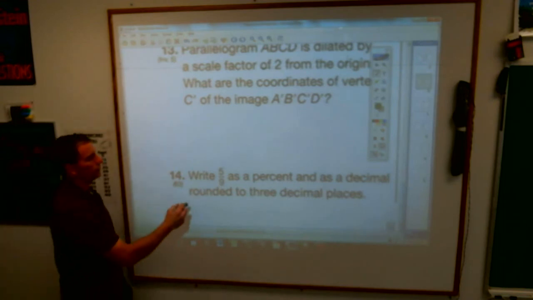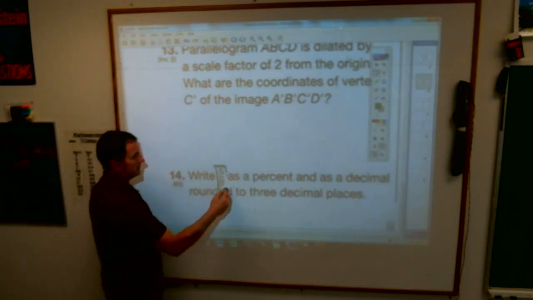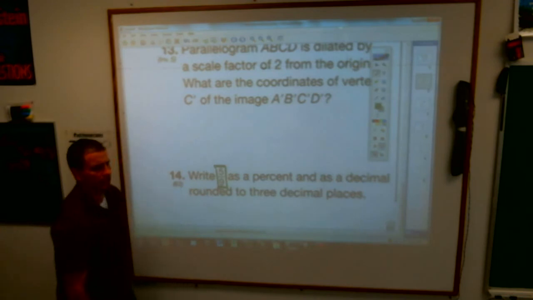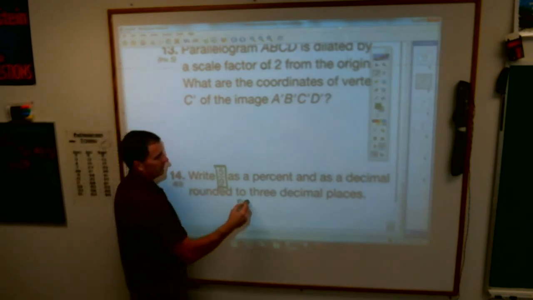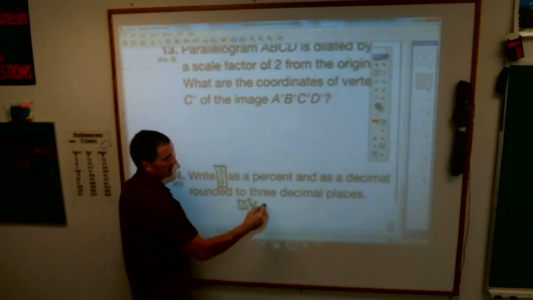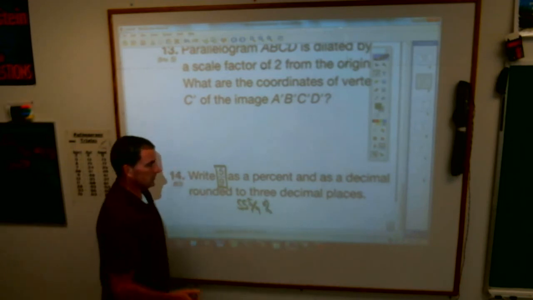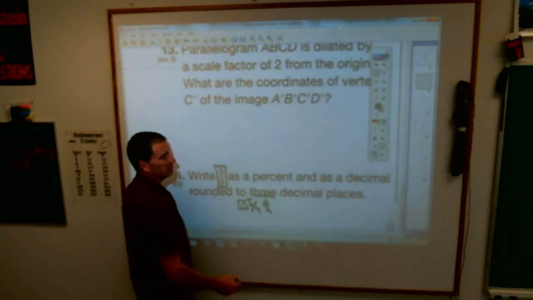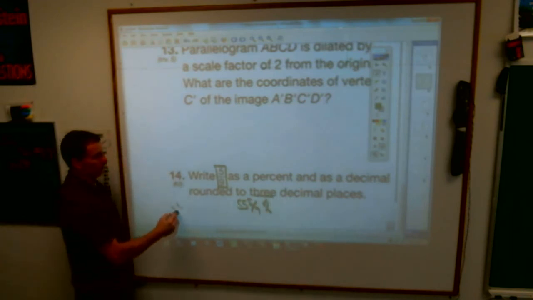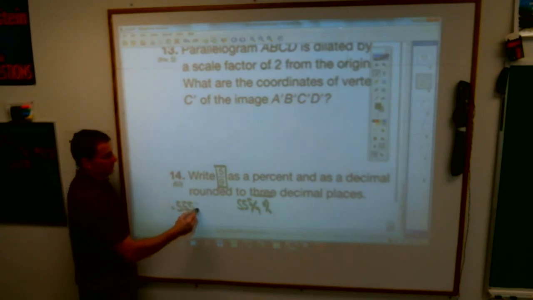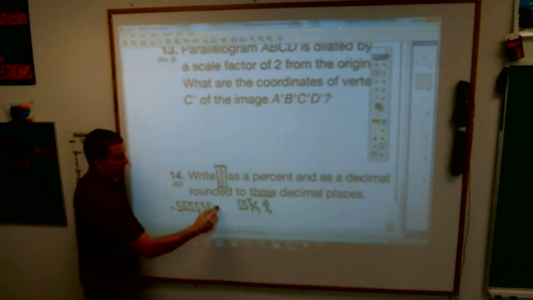I don't know how you get this one wrong. And tomorrow on the test, please bring your little reference sheet. It says right there, does it not? You get 55 and 5/9%. Now on your reference sheet, it doesn't round it to 3 decimal places. You have to do a little bit of work, but it does tell you that it's a 0.5 repeater, which means it goes on forever.